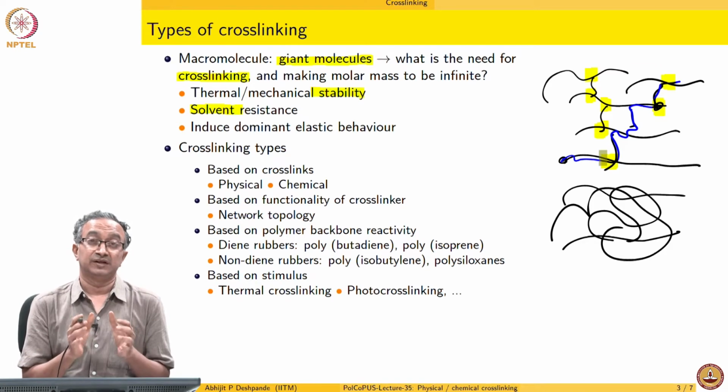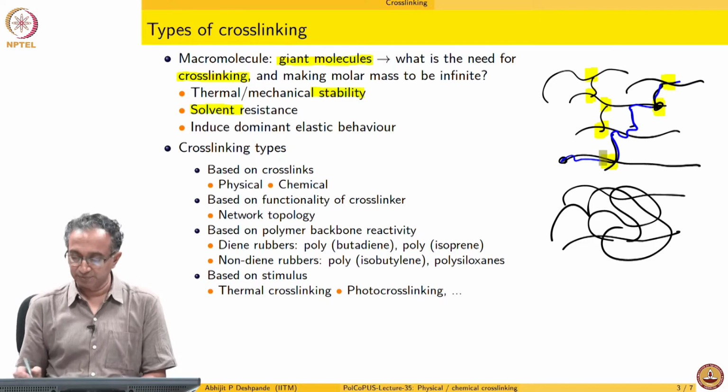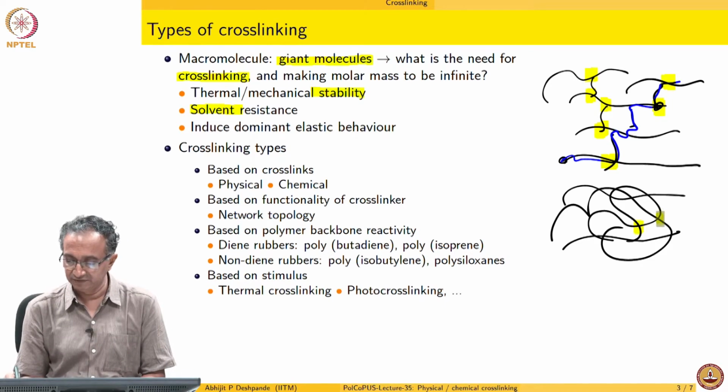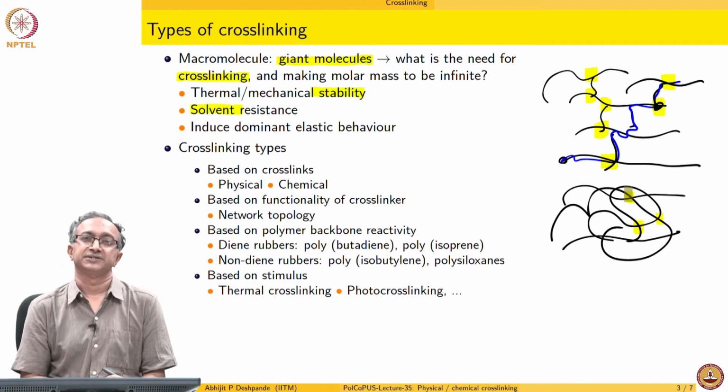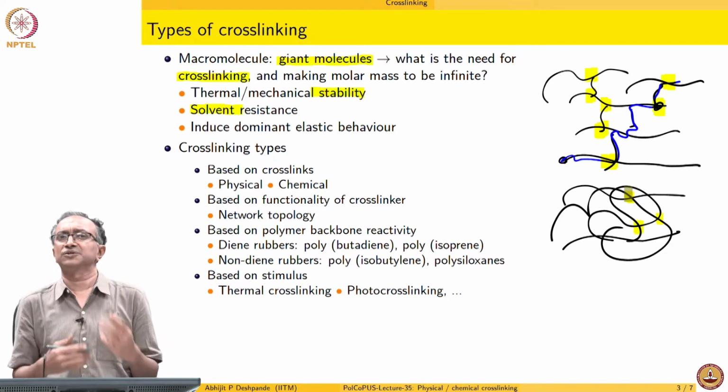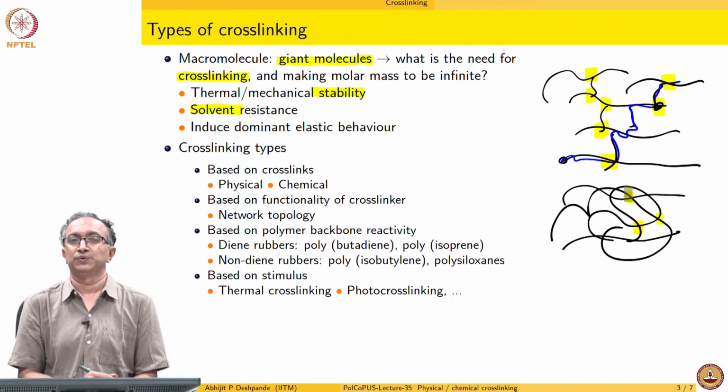And these covalent bonds are of course permanent bonds, as opposed to the interaction points here, which are based on physical interactions and entanglements. So what is it that is related to cross-linking that makes it so rewarding in terms of performance?